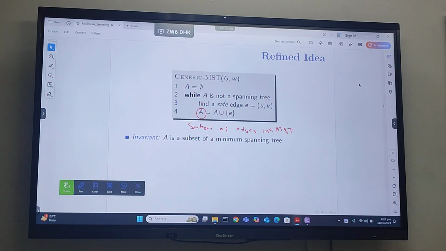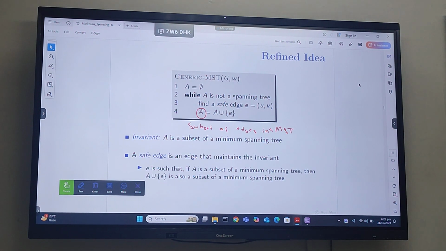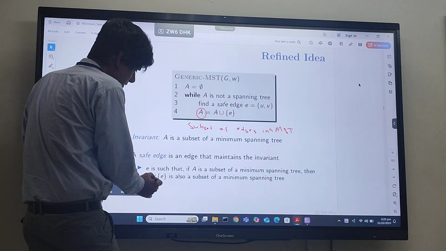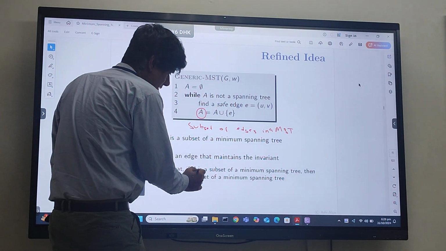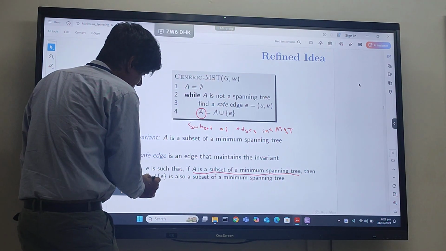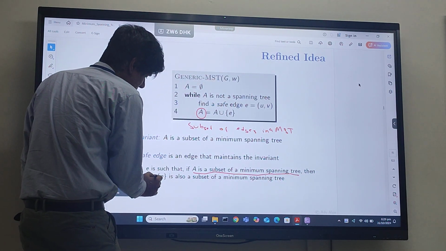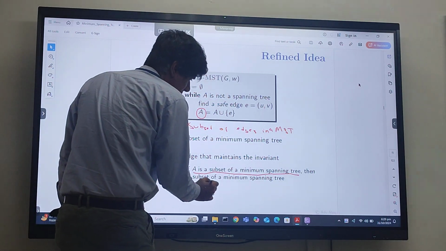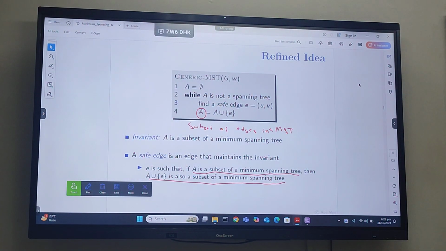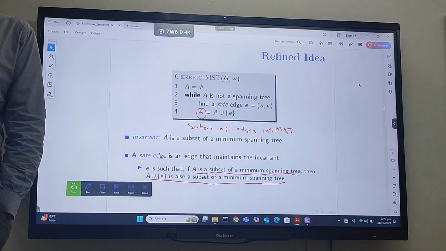So it's always a subset of the minimum spanning tree. In more detail, initially A is a subset of the minimum spanning tree, and after finding the safe edge and including it, what we get is also a subset of the minimum spanning tree.